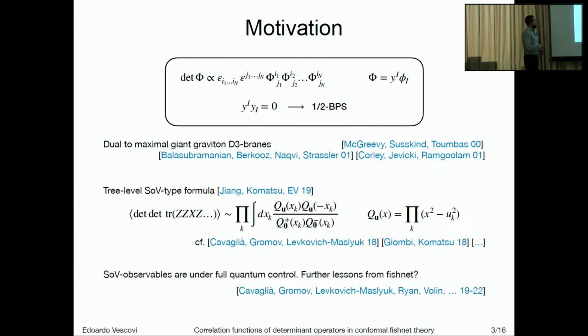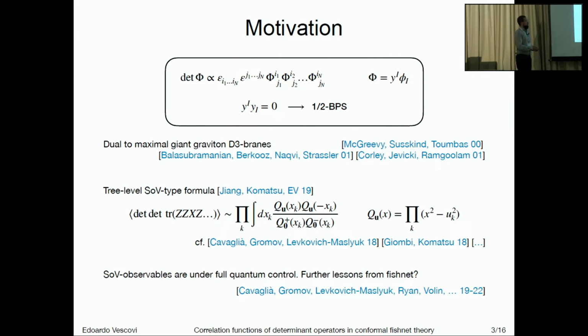And this form is interesting because it seems to suggest that maybe one can apply some sort of SOV method, separation of variables method, to obtain them in this form, indeed. In integrability, SOV is very popular because in essence it gives you a chance to have a full quantum control on your observables because the Q functions are very well known and studied at finite coupling.